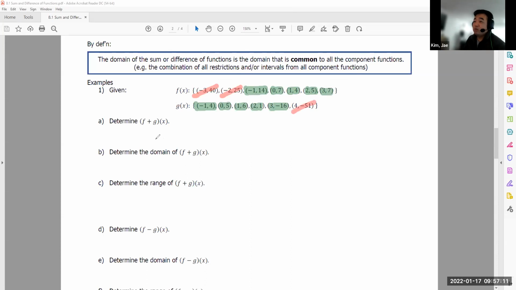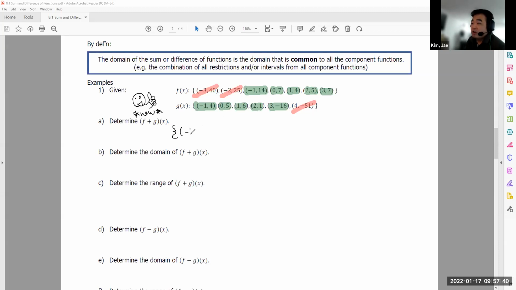When I determine f plus g of x, new notation, new flavor kind of thing, you can only add the common x values. And how am I adding it?